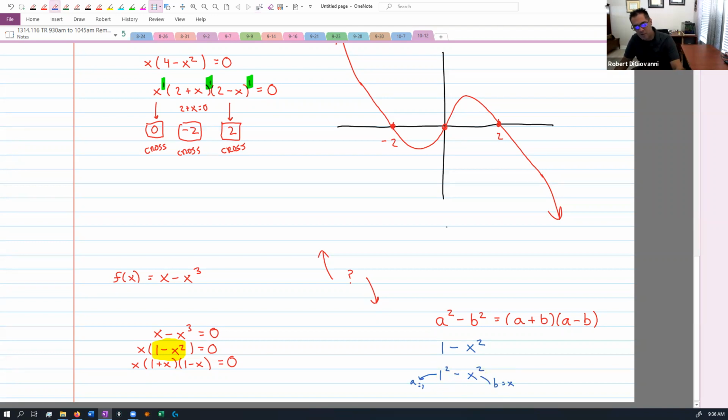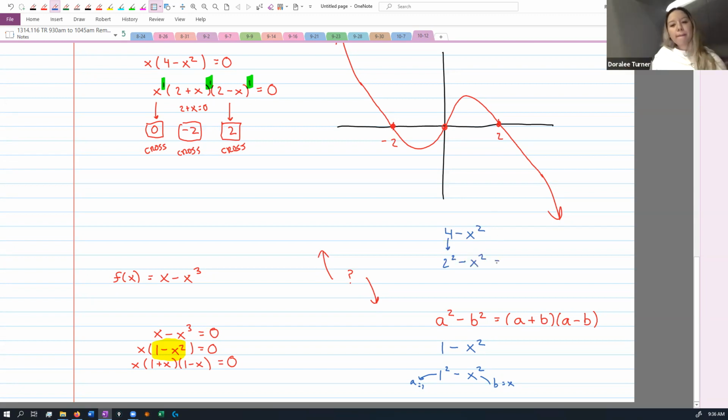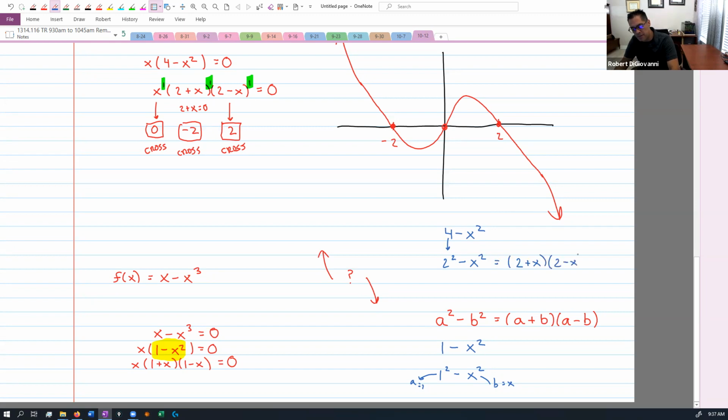It might be easier when you have 4 minus X squared. It might be easier to see that 4 is 2 squared, minus X squared. And that's why this becomes 2 plus X, 2 minus X. Does that make sense? Yes. Okay. When it's a 1 though, 1 is 1 squared, so you just use the 1.